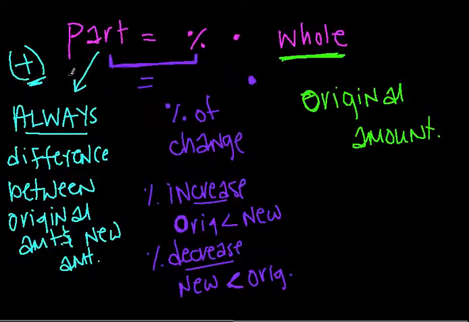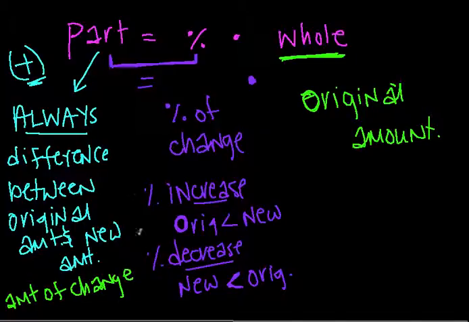Or you start with the check amount for your restaurant tab, and then you're finding the tip, and then the tip is a part of the original bill, that's the original amount. So nothing has changed here. Just remember, original is always whole. The difference between the original amount and the new amount, or the amount of change, is always the part.